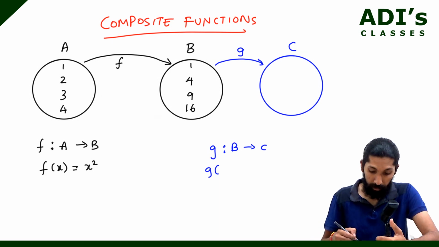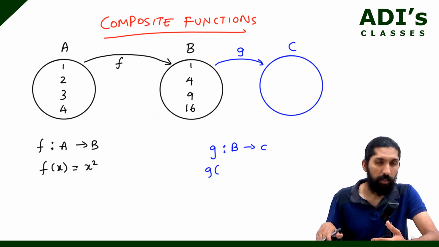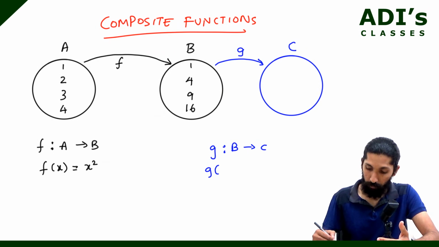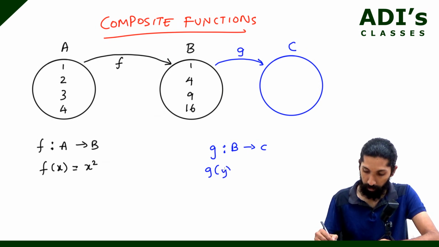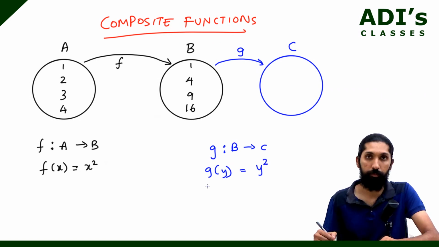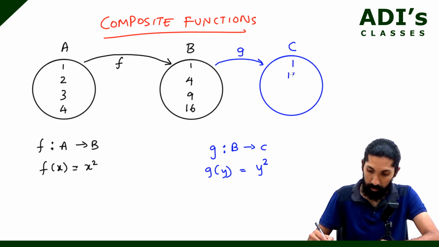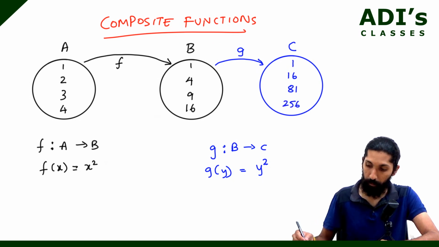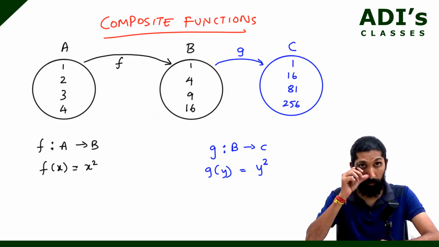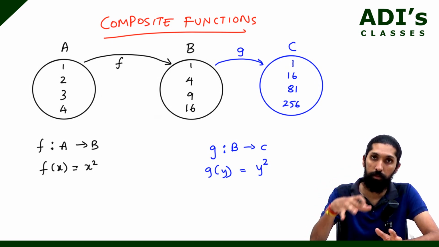Since we are already using x, let me give it another variable. Say g of y is equal to y square. That means again we are going to square it. So you get 1, 16, 81, 256. So it is basically squaring of the terms.